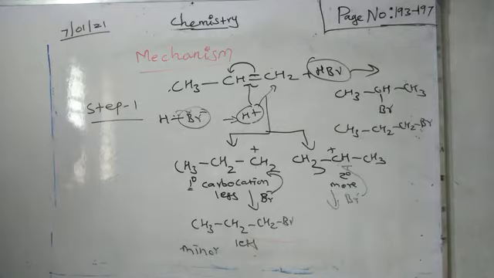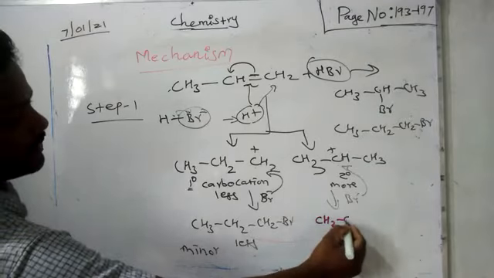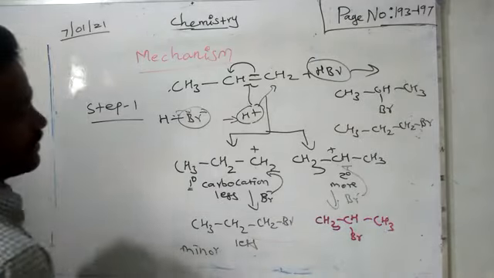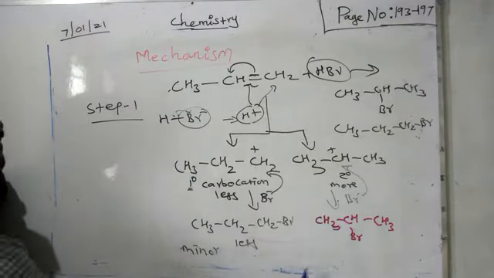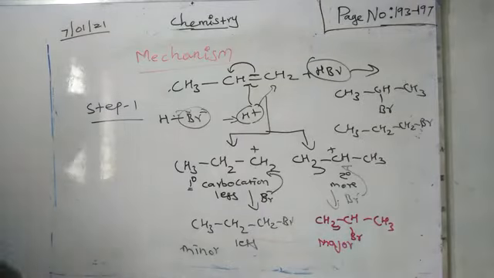It will produce CH3CHBrCH3. That is the more stable compound, so we can say major product. Of the two possible structures, the one present in the larger amount is the second one, 2-bromopropane.